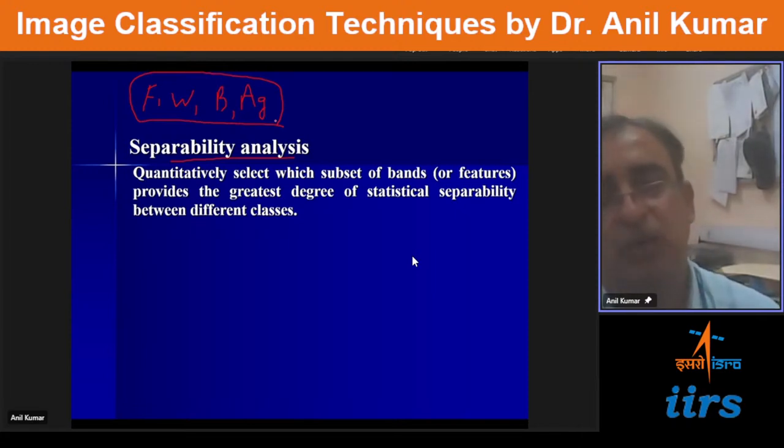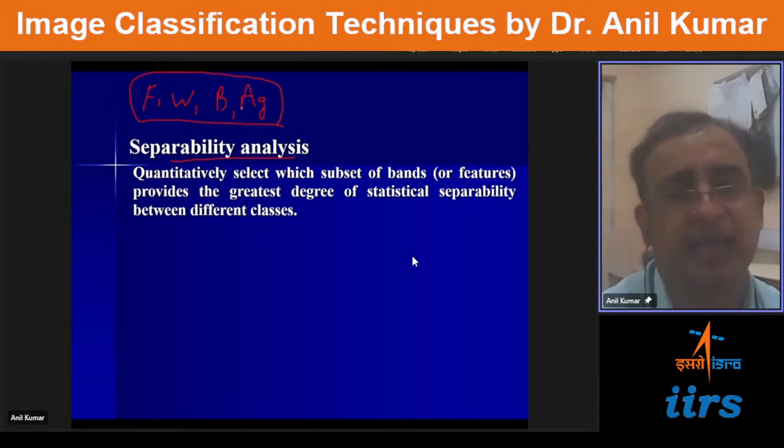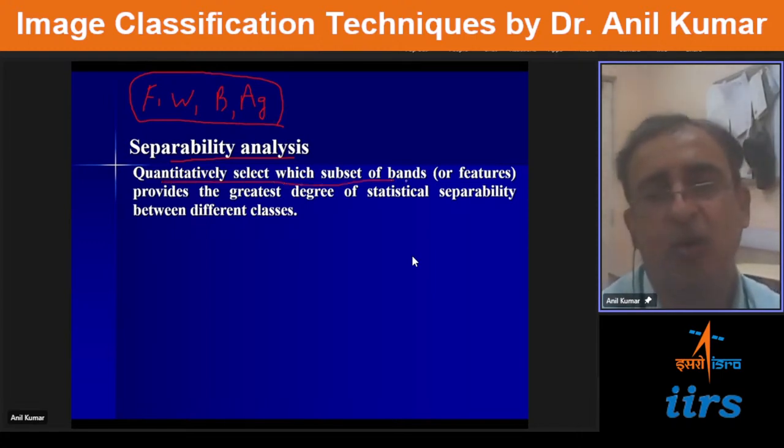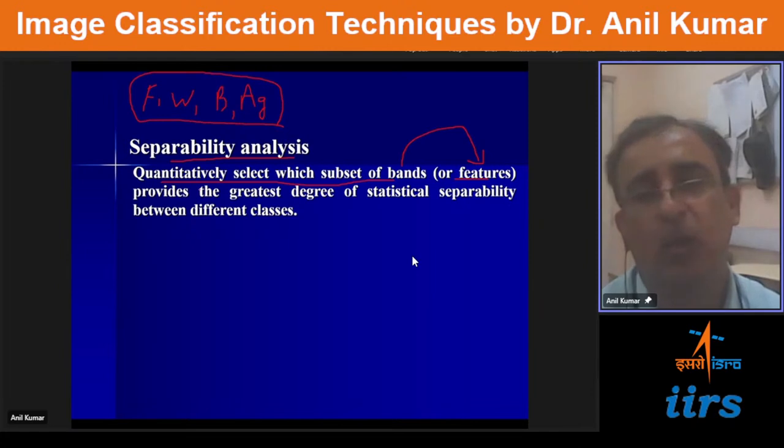So what are the bands? For that we can get the answer from separability analysis. Quantitatively, it selects which subset of bands or features. Here you should understand, in a multispectral image all bands are also called features. So separability analysis quantitatively tells which subset of bands or features provides the greatest degree of statistical separability between different classes.